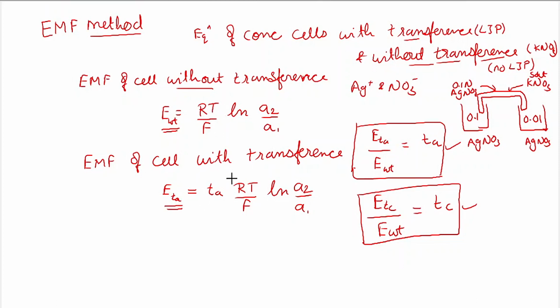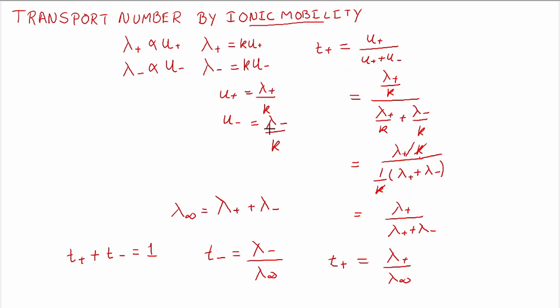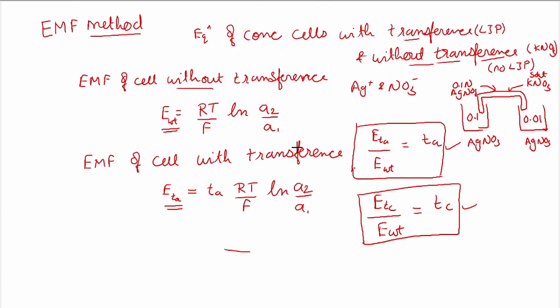When we take the ratio of those potentials, it easily gives us the transport number of the anion and cation respectively. So transport numbers can be determined very easily, and both these methods are very useful and can be performed in the laboratory.